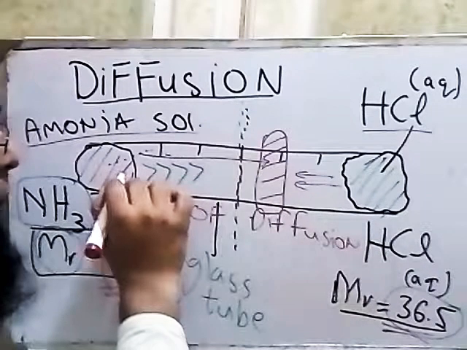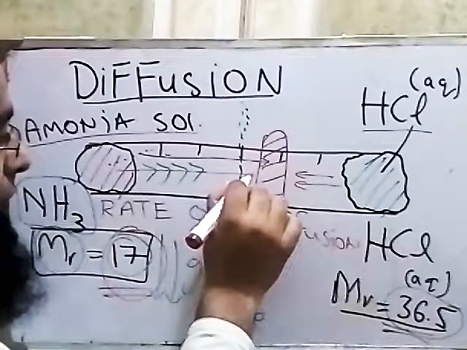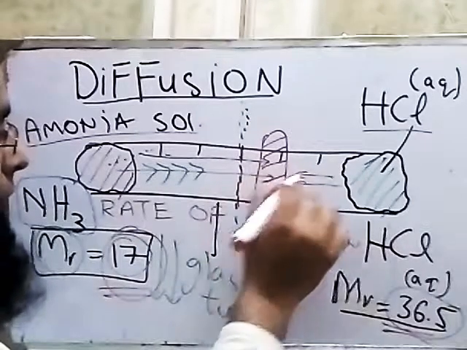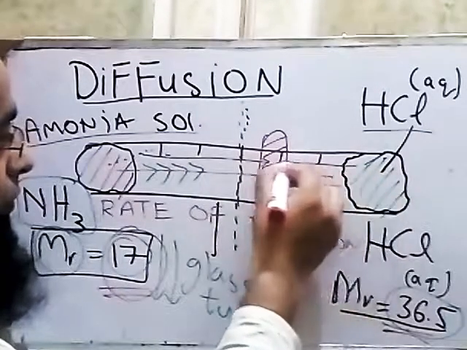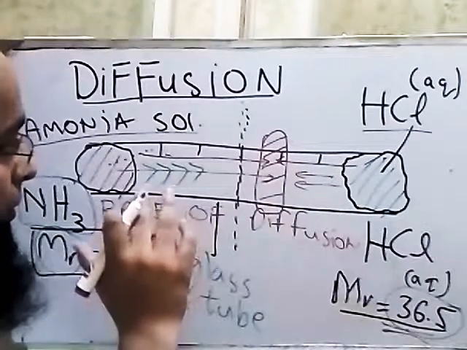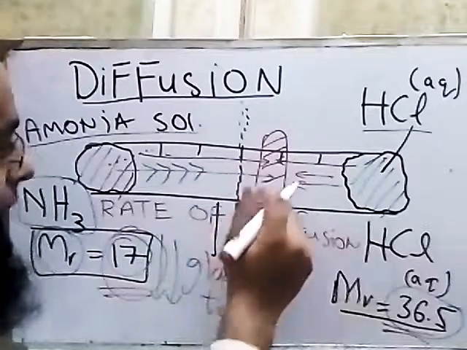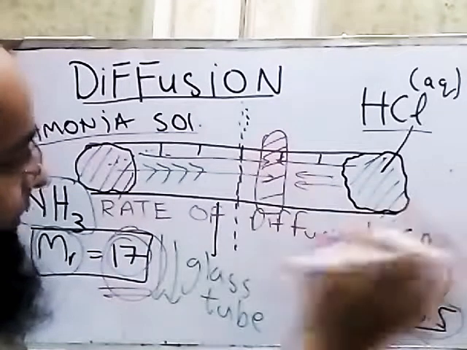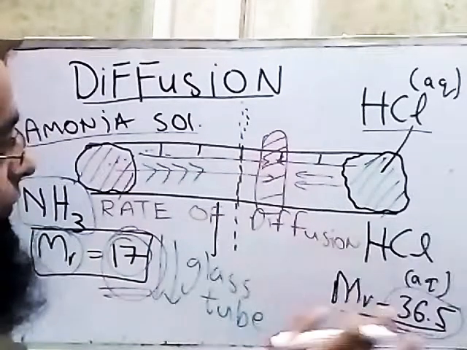So the fumes would travel to the center part of the test tube far more quickly than the fumes of HCl. So here the reaction would take place slightly towards the right side of the test tube.